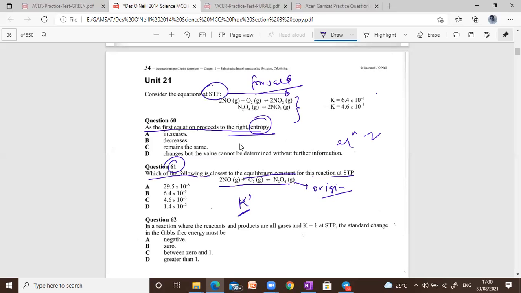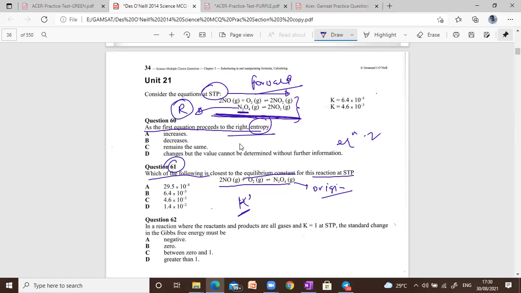Listen to me. If you look at the top reaction, the product side has NO2. And N2O4 is present in the reactant side. Any doubt?